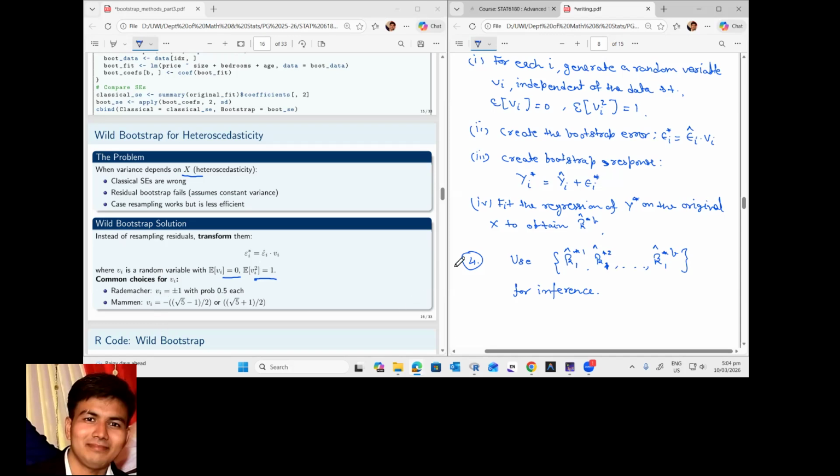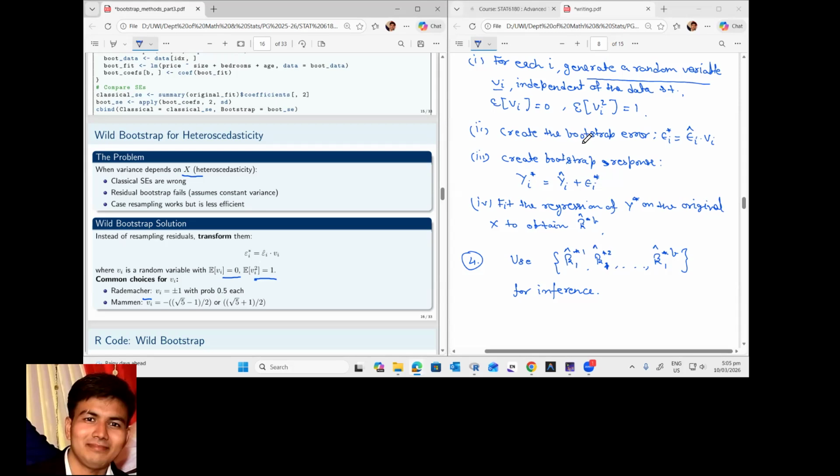Here, we were saying to generate the random variable vi that should be independent from your given data. So here we have mentioned two distributions, the Rademacher distribution and the Mammen distribution.